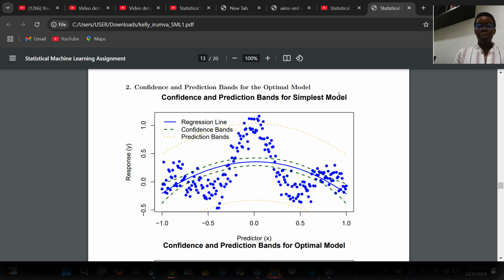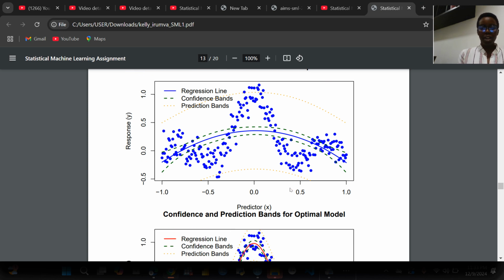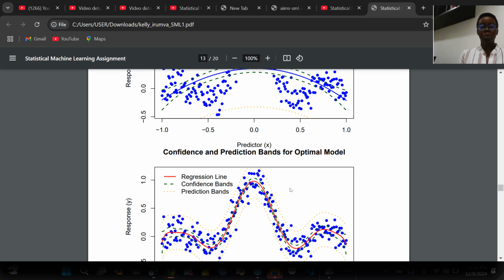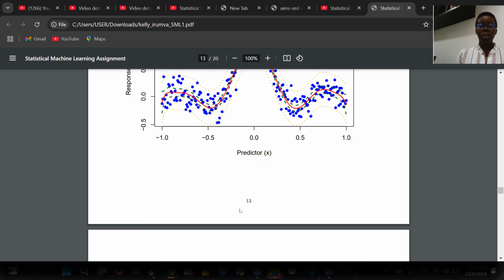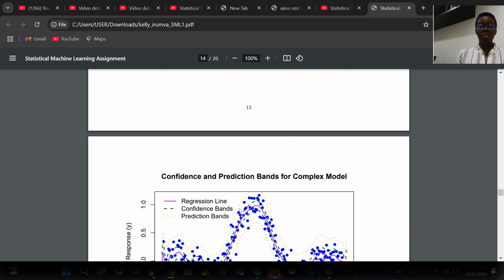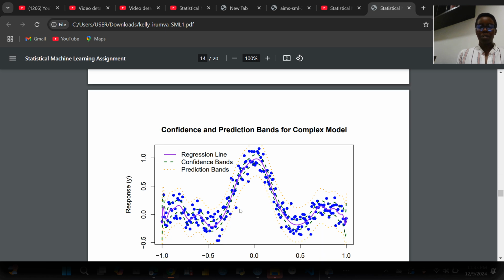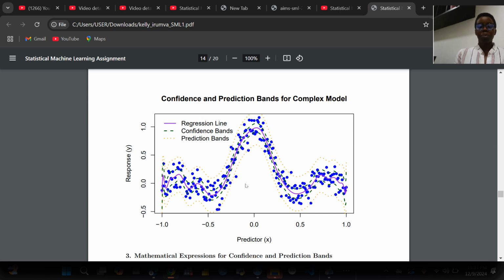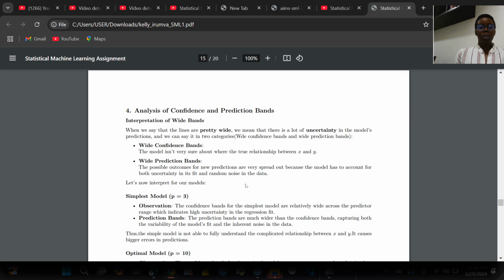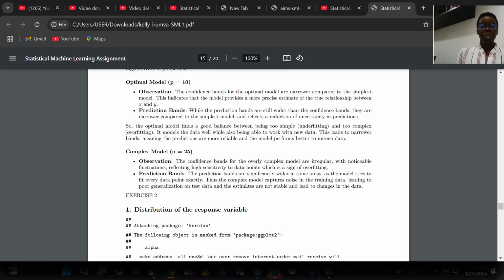For the simplest model, they are very wide, and for the optimal model, they are narrower, which is good. And for the complex model, the confidence and prediction bands are not stable.